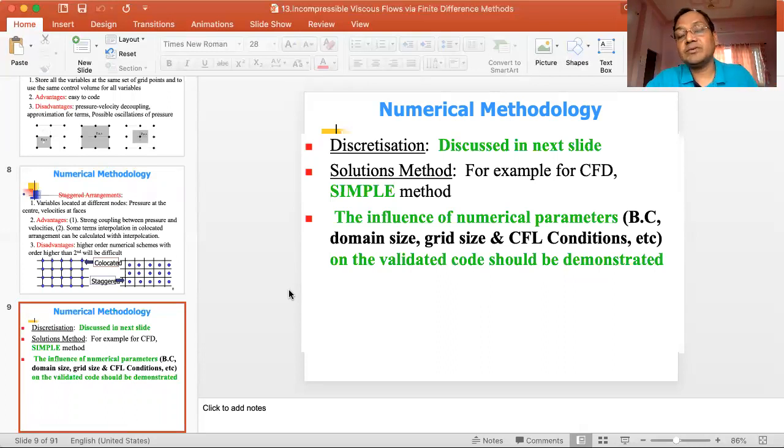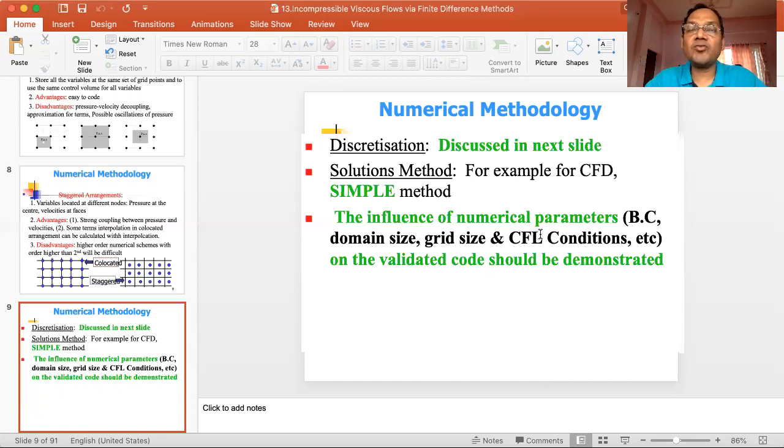But keep in mind, once you're getting the solution, you have to check whether that is a feasible or infeasible solution. In that case, there are some numerical parameters, we call here boundary condition, domain size, grid size, CFL condition. This is the one condition in CFD people use to check whether the process is correct. So these are some numerical parameters by which one can validate the code. Code means you have a system of equations.